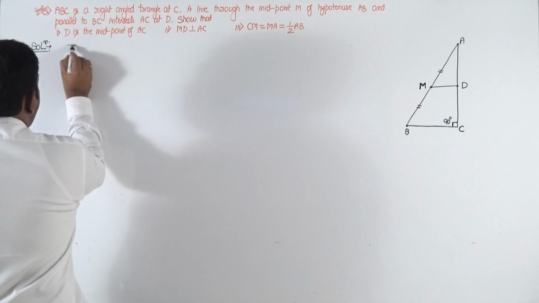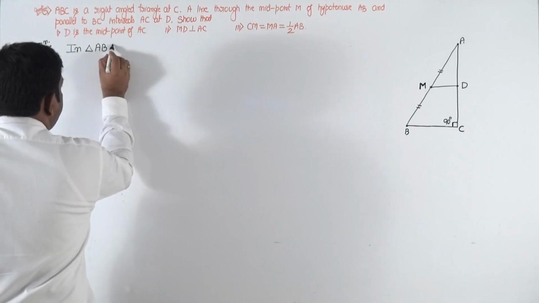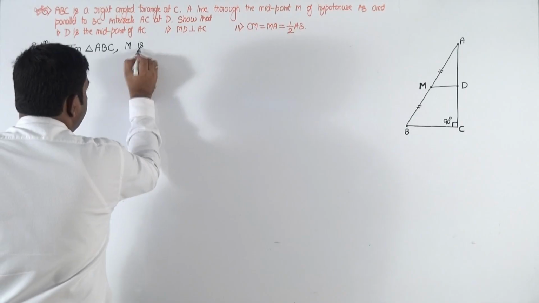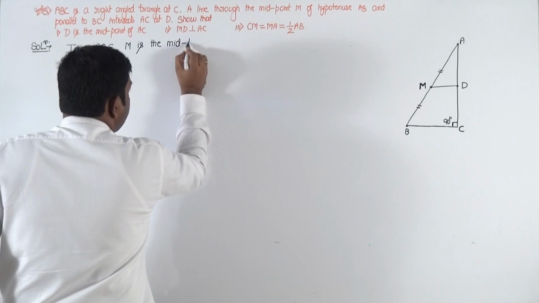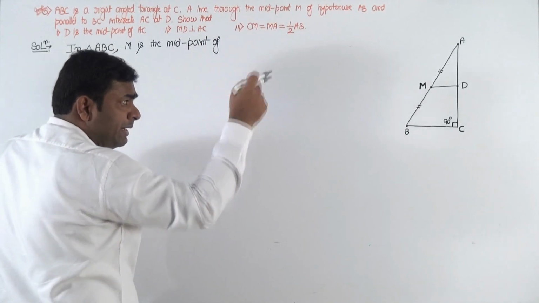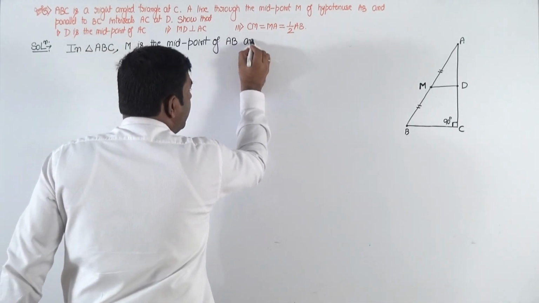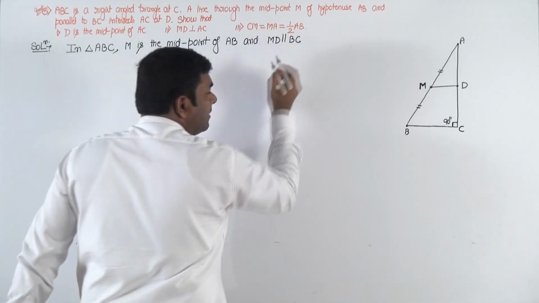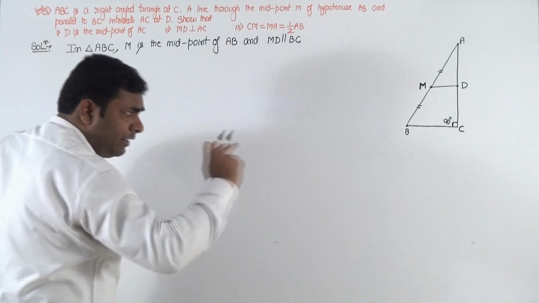Solution is, इन ट्रायंगल, कौन सा ट्रायंगल? ABC. In triangle ABC, M is the midpoint of AB, and MD is parallel to BC.